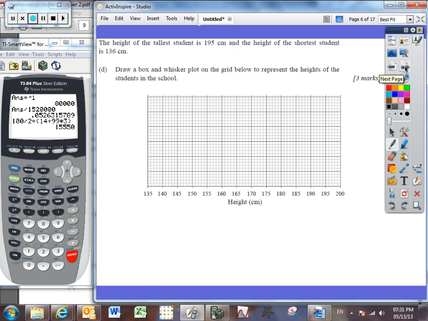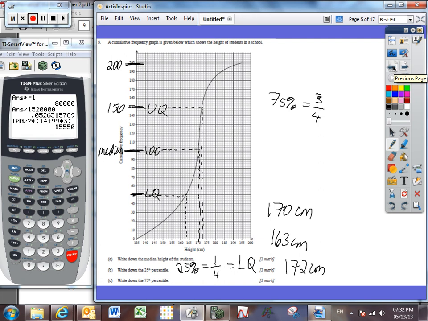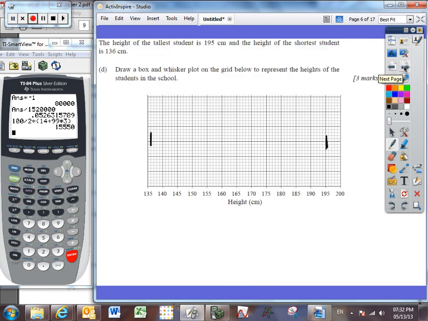Then it tells me that the height of the tallest student is 195, that's right there, and the height of the shortest student is 136, that's right there. We need to draw a box and whisker plot. So let's just recall that our median occurred at 170. So let me draw a line for my median.